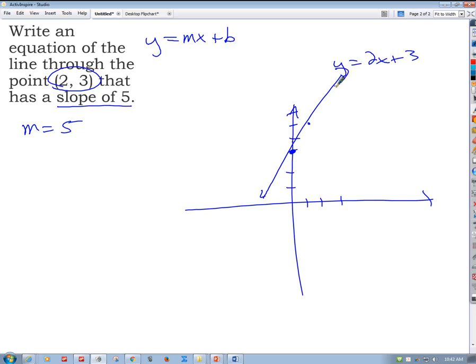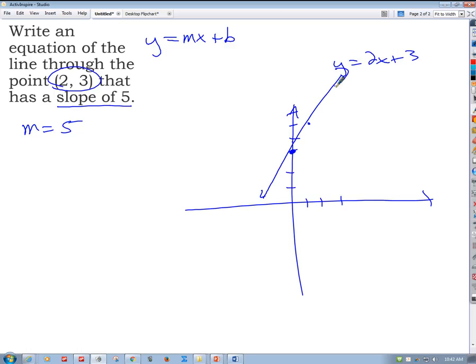So if I have one of those points, that's telling me a value of x and y that work on the line. Does that make sense? I know that if this is a point on the line, when x equals 2, y equals 3 on this line. Guaranteed, because that's a point on the line.